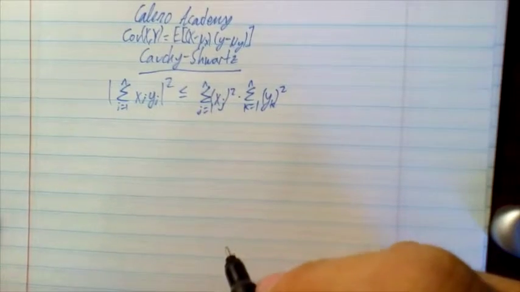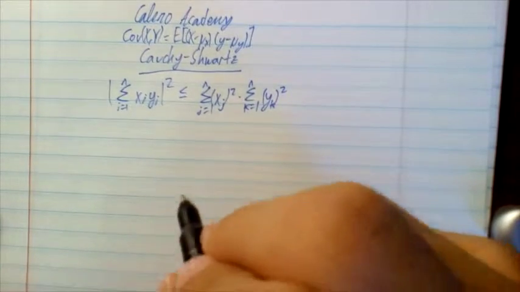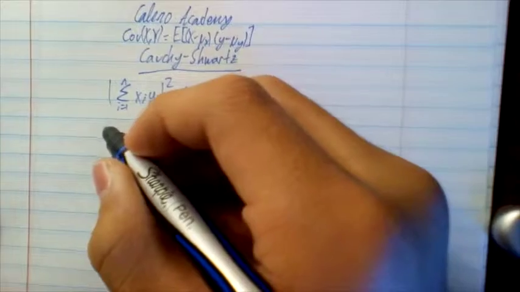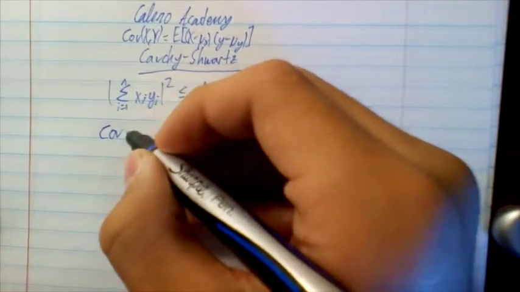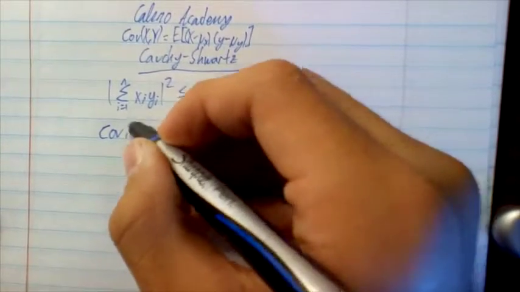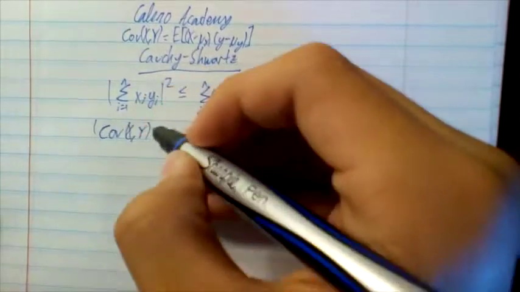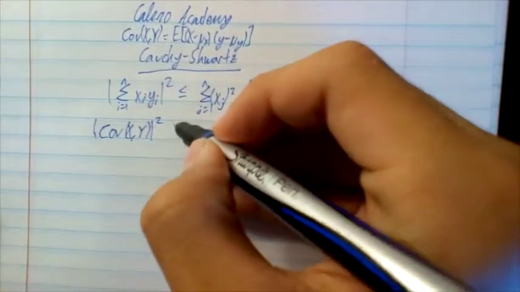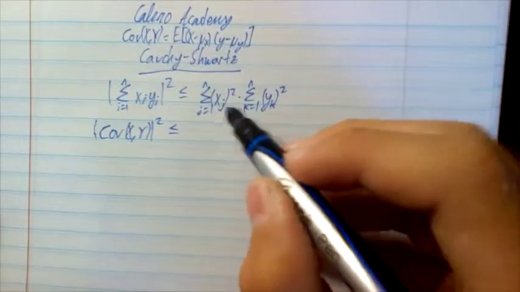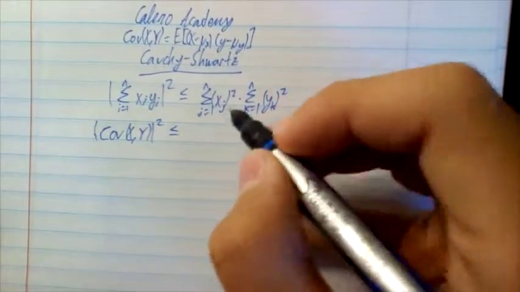Since the expectation is simply a type of sum, we can just write the covariance of x and y, the absolute value of that all squared, is going to be less than or equal to the individual sum product, so the product of the sums.